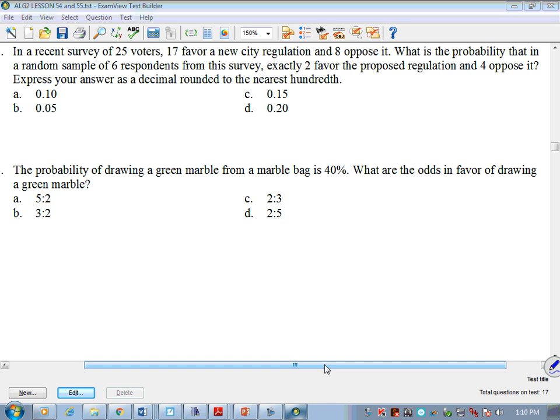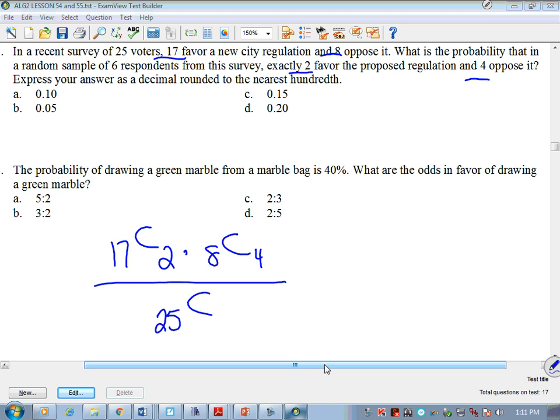Because we want number of desired over number total, okay, we're going to take a look at 17 to 2 and 8 to 4. So what we're going to do is we're going to say 17 C 2, okay, times 8 C 4, okay, and we're going to put that over, because we want the probability of this happening, 25 C 6.